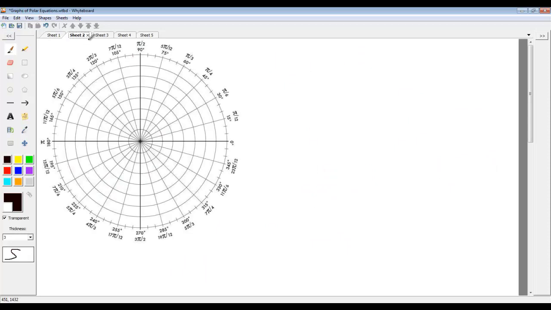Okay, let's go ahead and graph another one. Let's take the equation r equals 1 plus cosine theta and graph it. Let's see, if we replaced theta with a negative theta, that would still equal 1 plus cosine theta. So this tells us that it has polar axis symmetry.